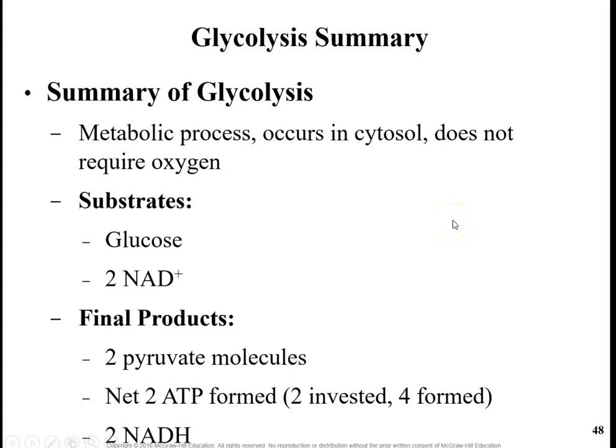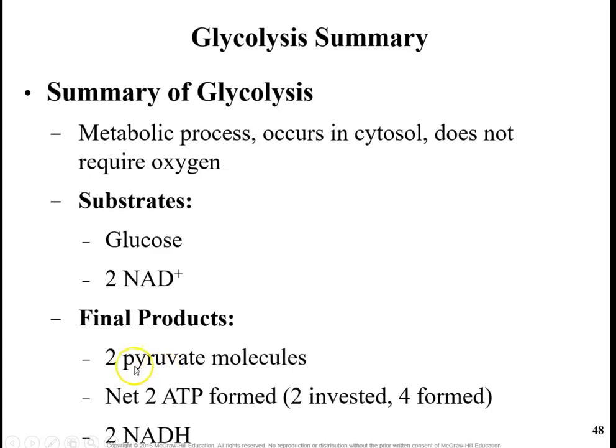So in summary, glycolysis is a metabolic process. It occurs in the cytosol or the cytoplasm, and it does not require oxygen. Substrates involved are glucose, right? Because we're breaking down glucose and getting energy out of it. And 2 NAD, this gets reduced to NADH.